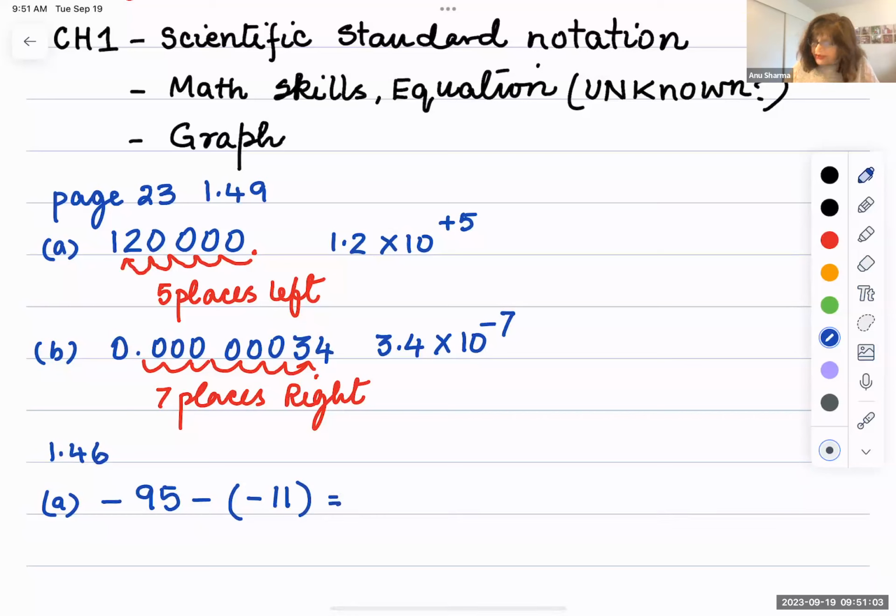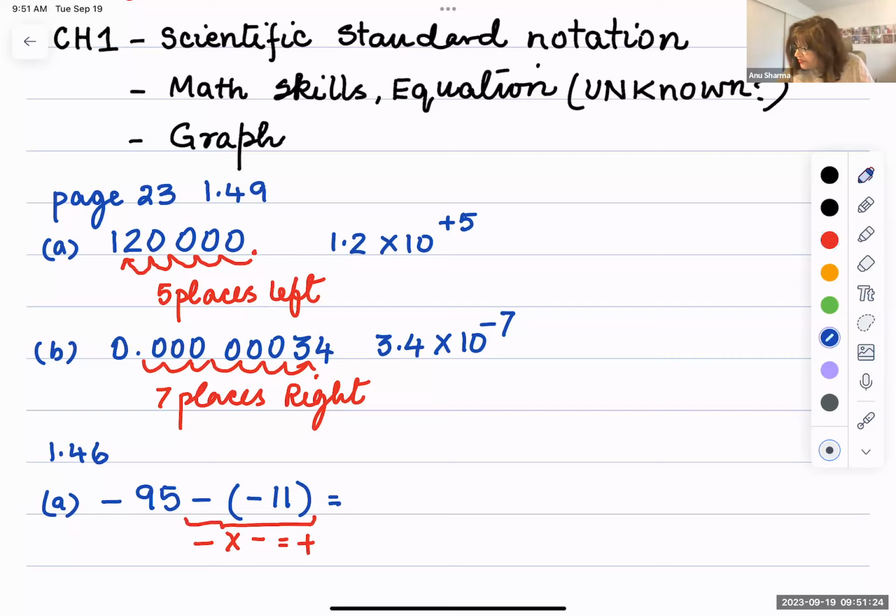So what is the answer here? In this case, we are testing whether you know the basic math skills. Minus multiplied by minus, what does this become? Minus multiplied by minus becomes a positive. So this is going to be translated as positive.